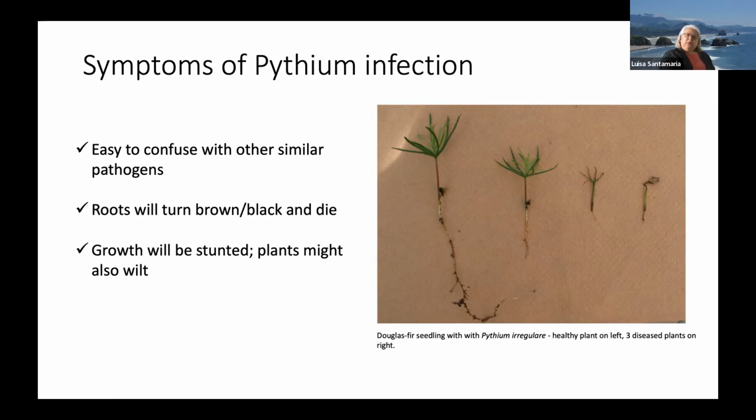And you can see here the roots start to turn brown to black and finally die. Others don't even grow, of course, because they didn't have roots to keep growing, but the ones that are able to grow a little bit then start rotting in the few roots they have.